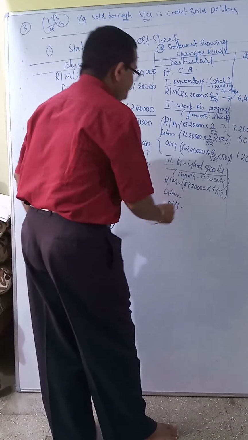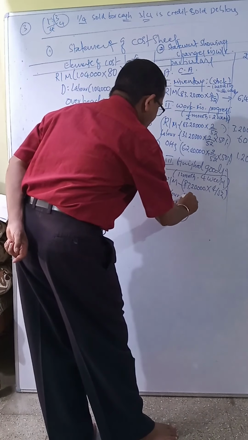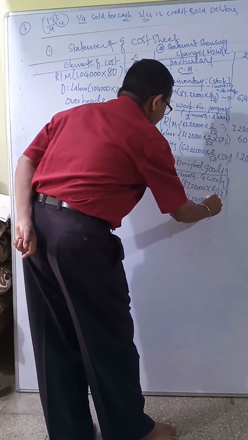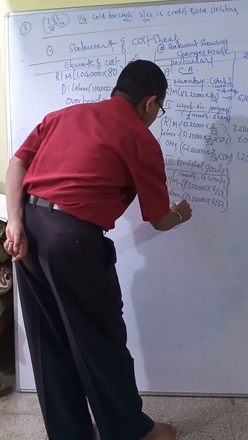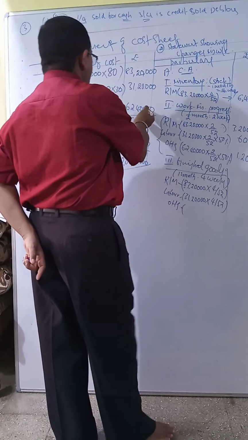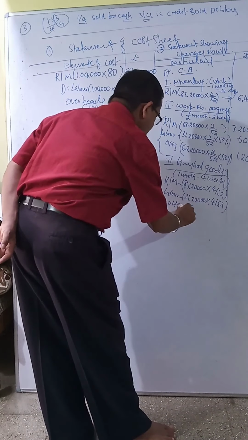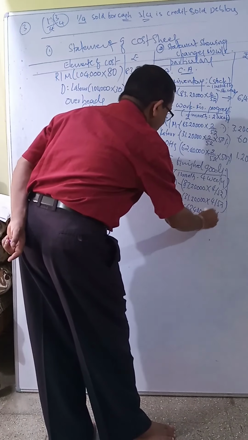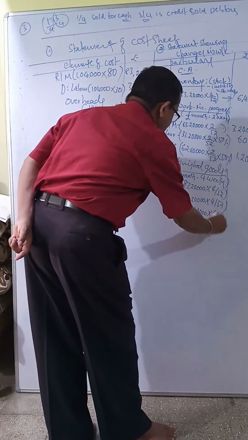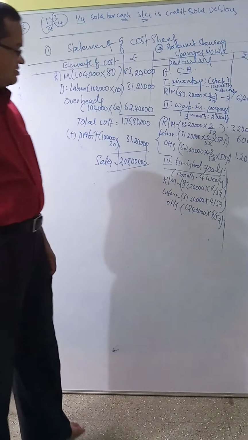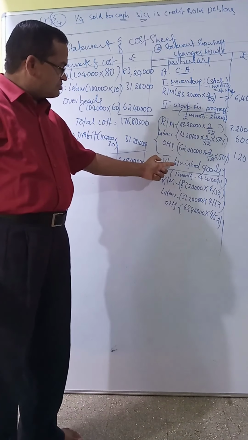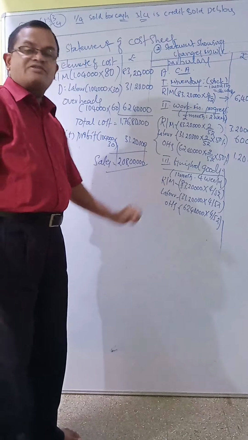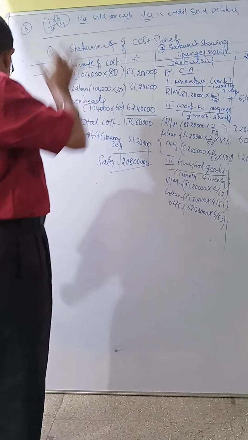Then labor, 31 lakh 20,000 into 4 by 52. Then overheads, the overhead cost is the same, 62 lakh 40,000 into 4 by 52. See, for finished goods we want raw material, labor and overheads fully. No need to take 50%.